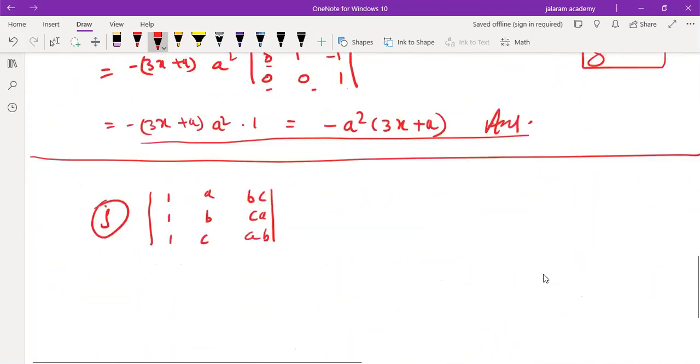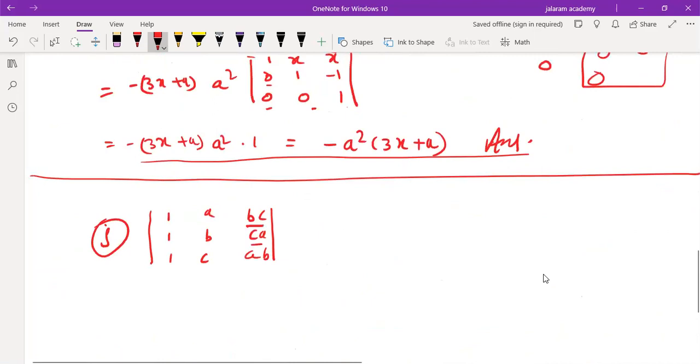So whenever you see elements like BC, CA, AB, you have to multiply the row with BC by A to make it ABC, it becomes A square, the row with CA by B to make it ABC, the row with AB by C. And simultaneously, you have to multiply their corresponding elements also with the same.